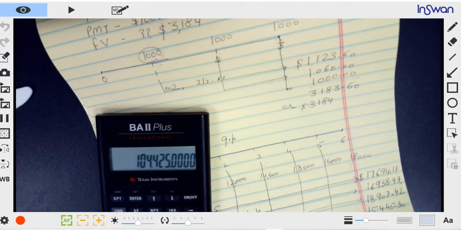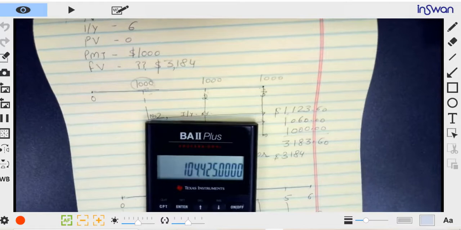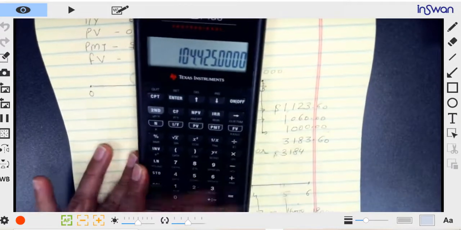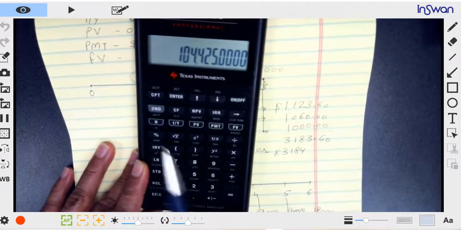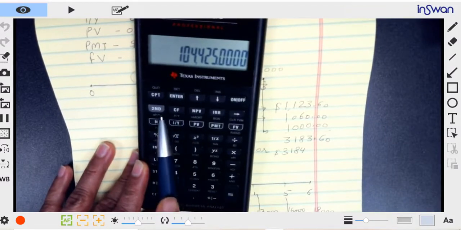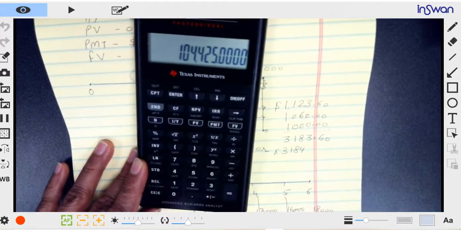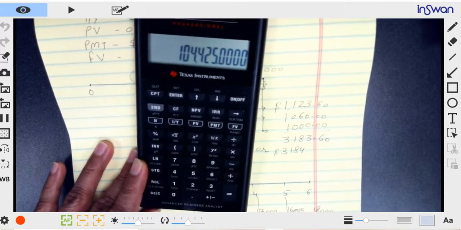The other way can be, we can directly use the financial calculator and then we can solve it. The functions of the financial calculator that we can use for such a problem are the CF and NPV functions. Two of these functions will be used and they will help us solve this problem really quickly.